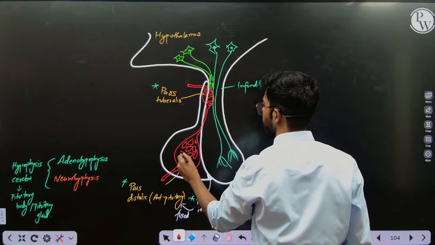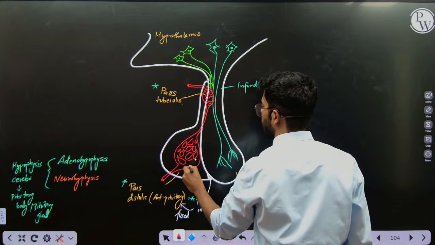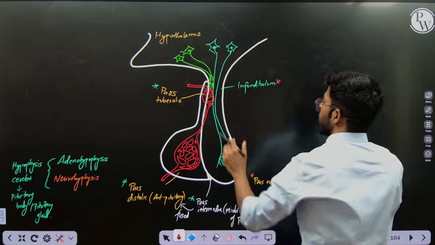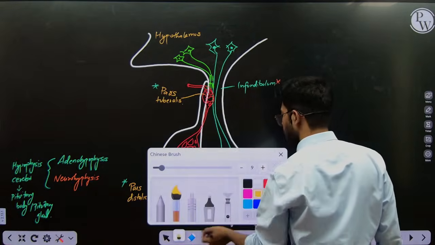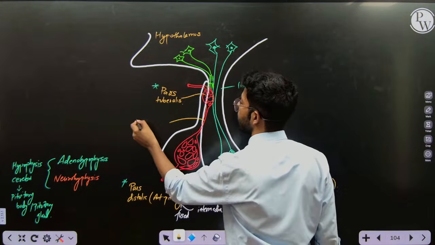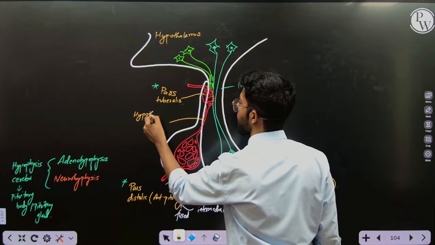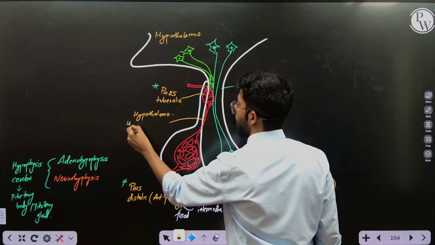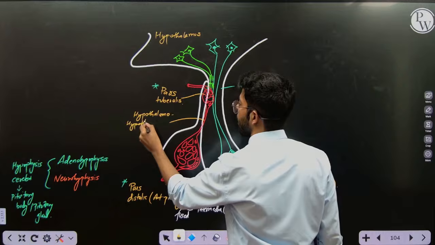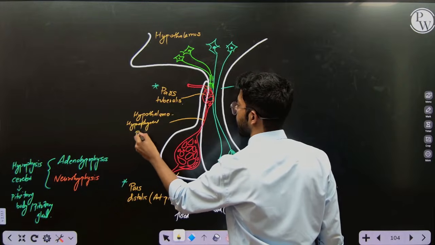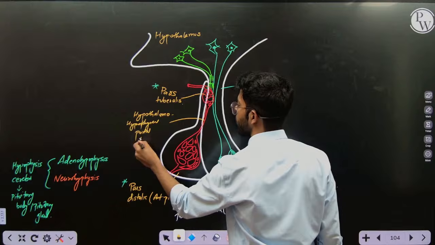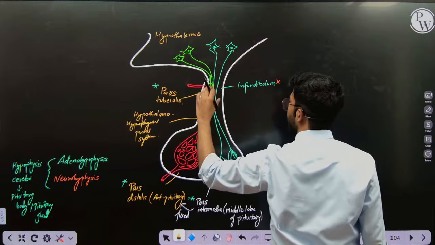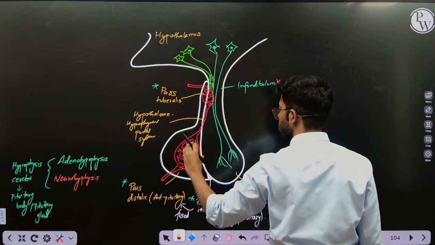This is the capillary network. This is the hypophyseal portal system, the hypothalamo-hypophyseal portal circulation. These are capillary networks, and this is also a capillary network.